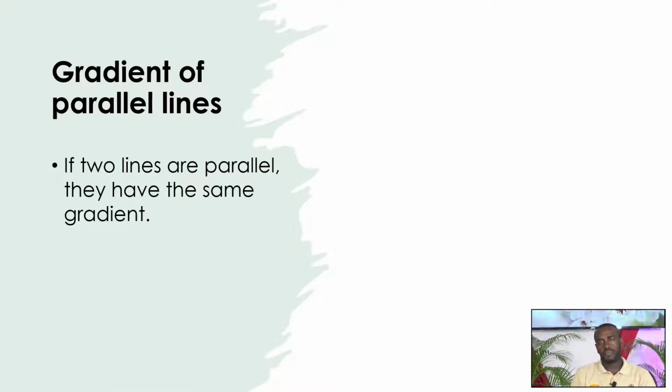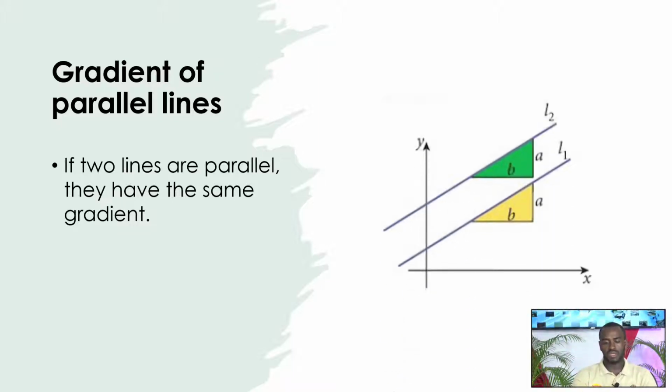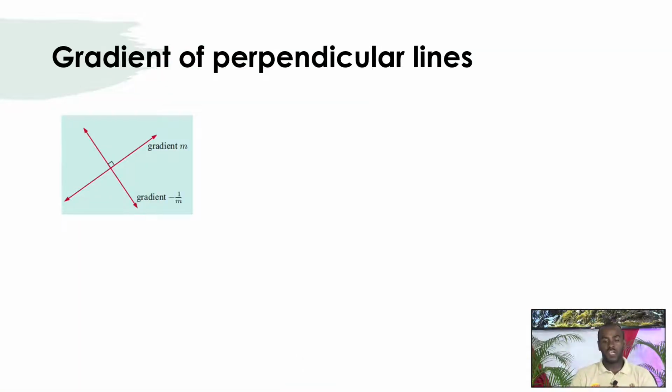Gradient of parallel lines. Now, when two lines are parallel, it means that they have the same distance apart, and their gradient will also be equal. As you can see here, both lines have the same gradient. If we have two lines that are perpendicular, then there is something special about their gradient.